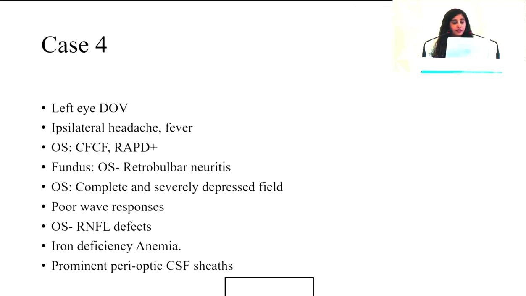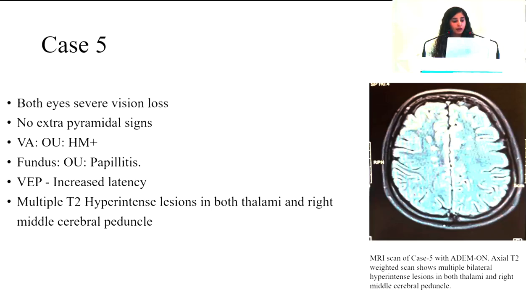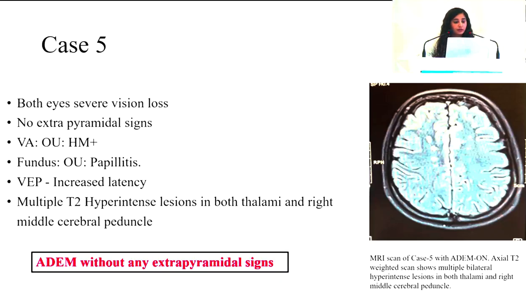In the fourth case presenting to us, it was a similar case, but also had a history of iron deficiency anemia, and a diagnosis of isolated pediatric optic neuritis was made. In the fifth patient, we had severe vision loss in both eyes with multiple T2 hyperintense lesions in both thalami.